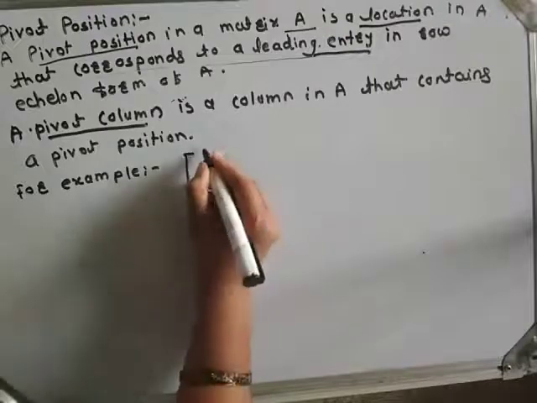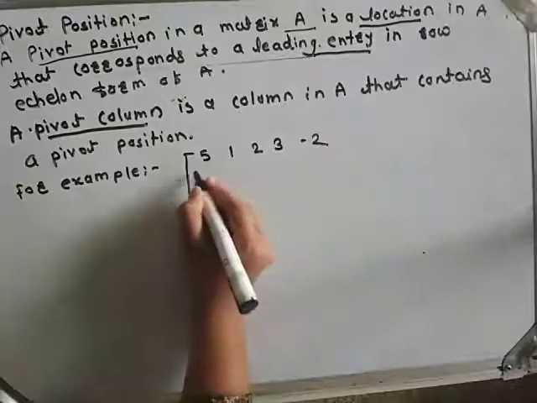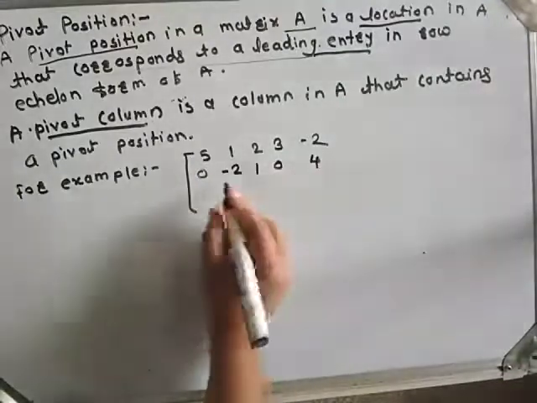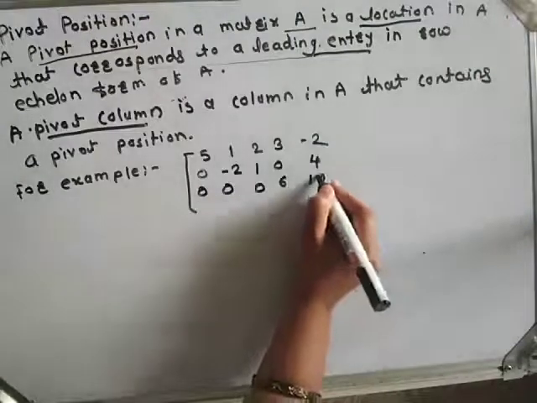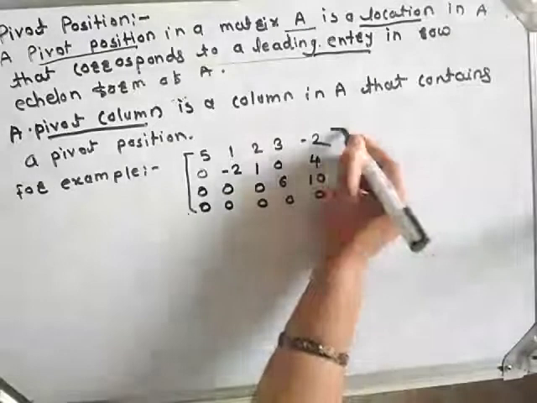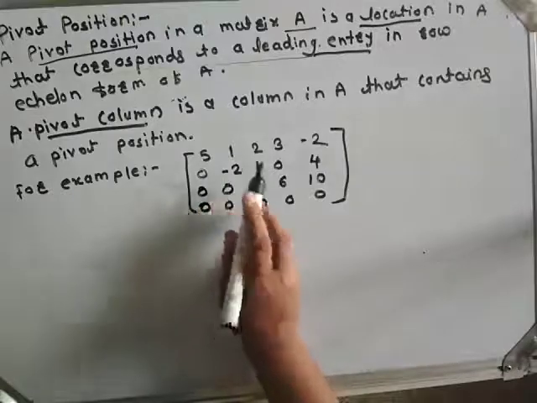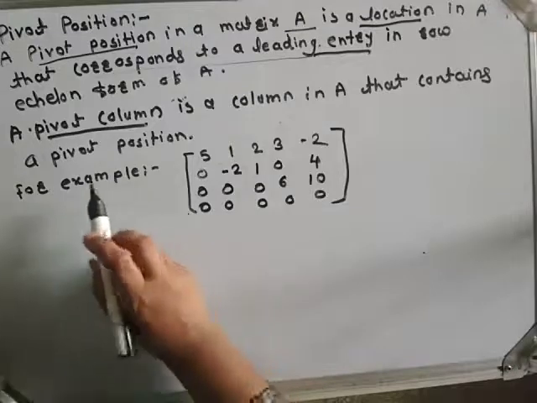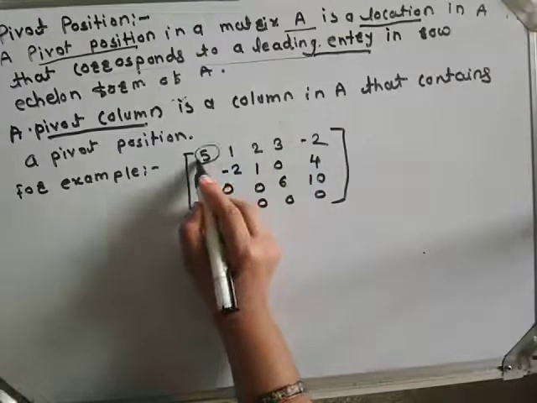matrix 5 1 2 3, -2 0 -2 1, 0 4 0 0, 0 6 10 0, 0 0. Here this matrix is in row echelon form. Here in first row 5 is leading entry.